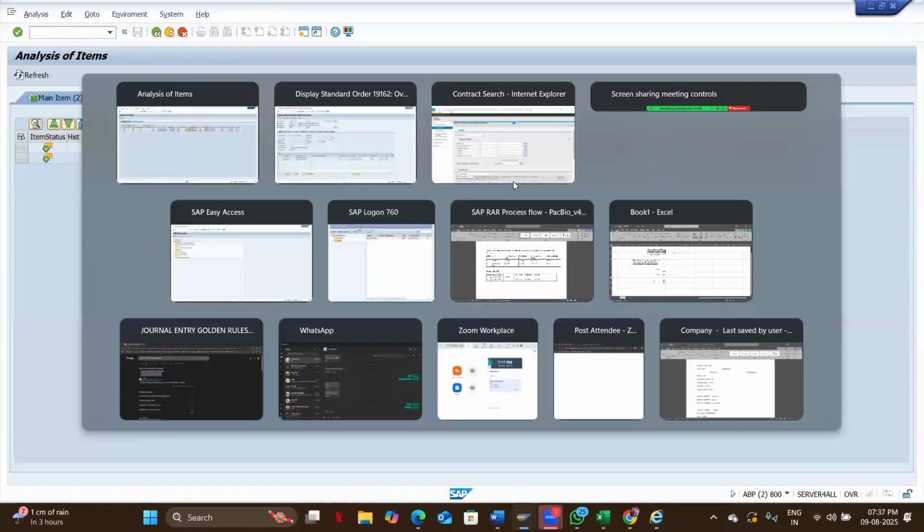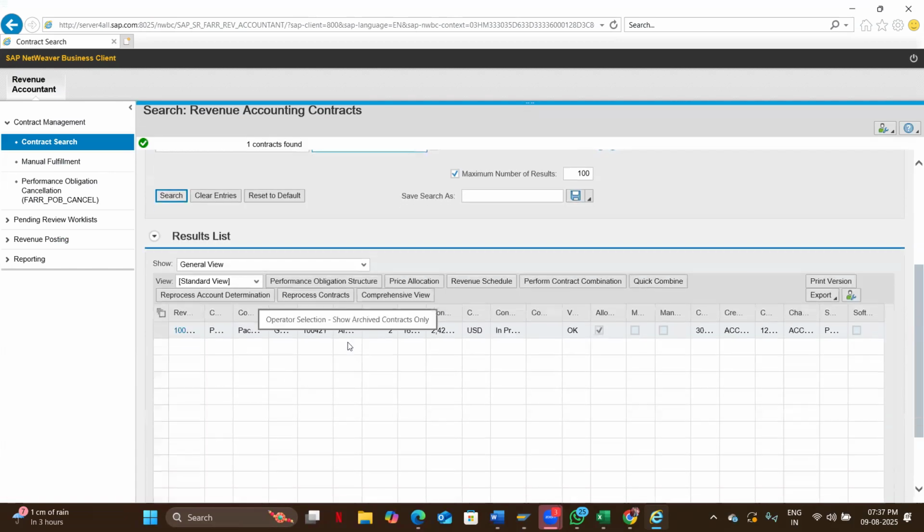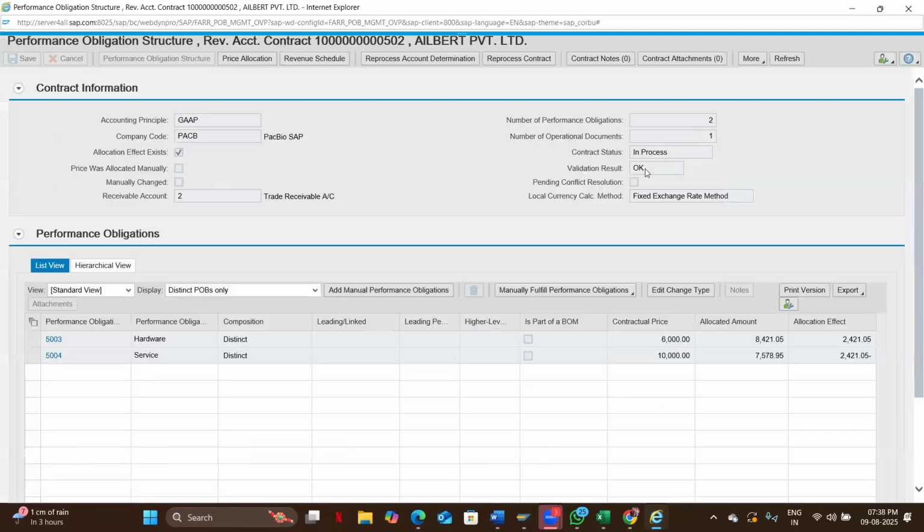We can search here for our contract number, the revenue accounting contract. Yeah, this is the contract. Here, the validation result, always check that it is okay. This is important. Like in BRIM, we see contract activation activity, right? It means validation based on whether the contract is active or not, checking based on start date and end date?